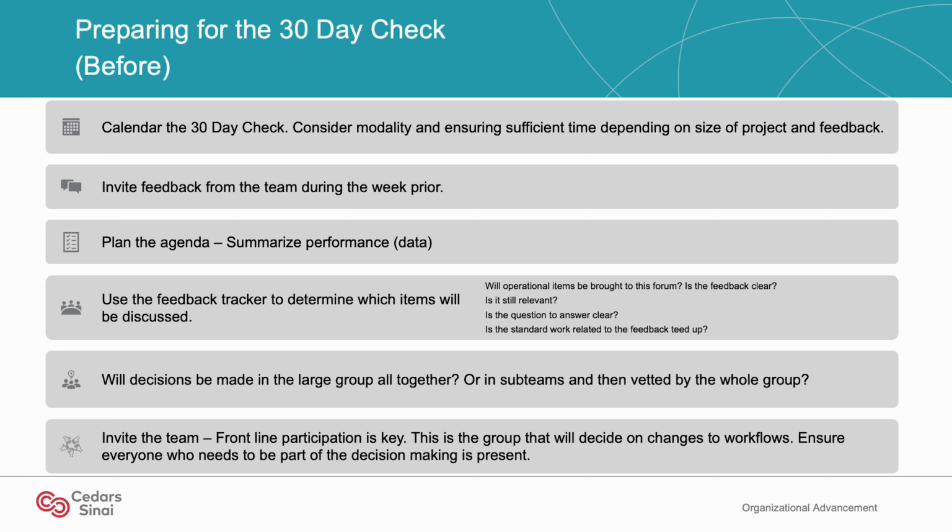Based on the data and the feedback you have collected, determine if decisions will be made with the larger group or if decisions can be made in subteams and then vetted by the larger group. Once the team has determined that, invite the right people, especially those who have tested out the improvements. They are the ones that will continue to test out the new process or improvements.